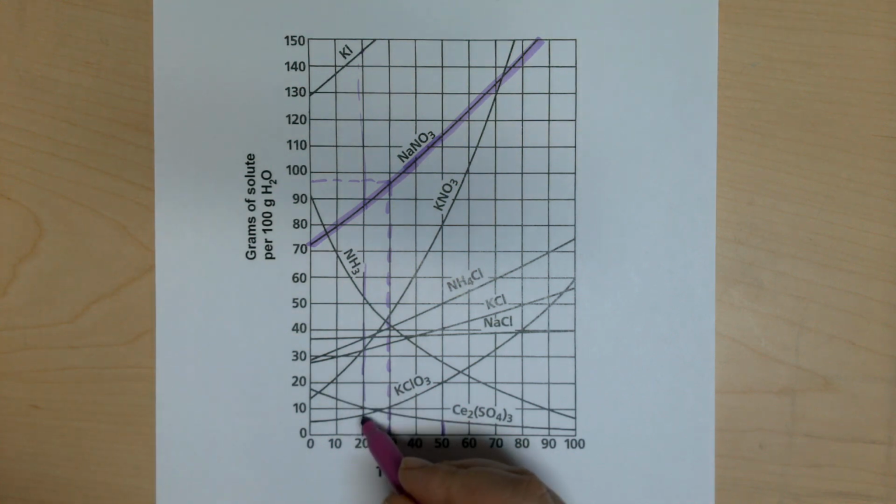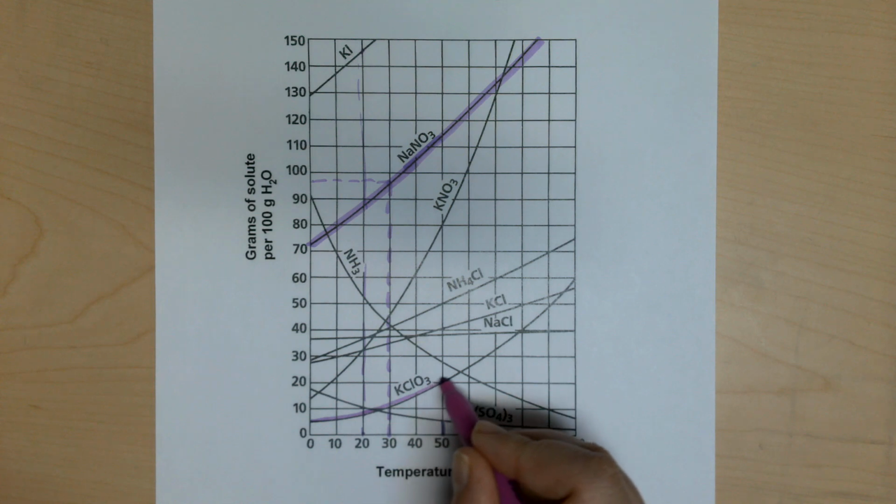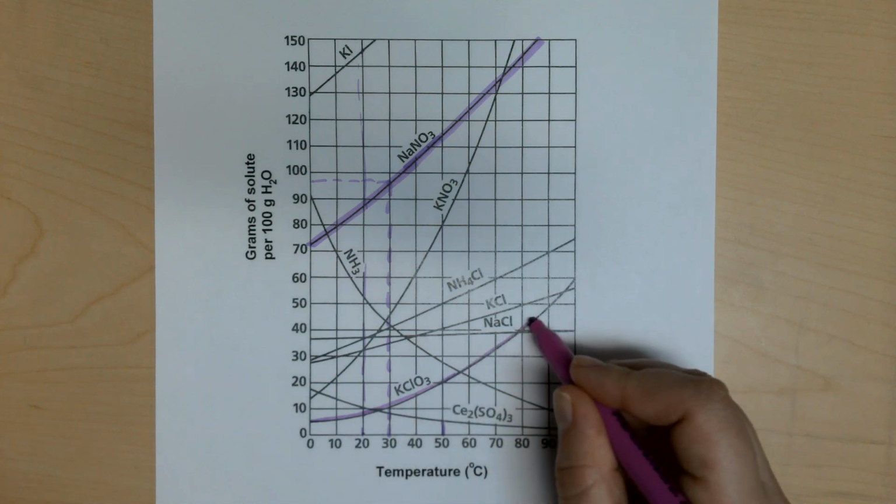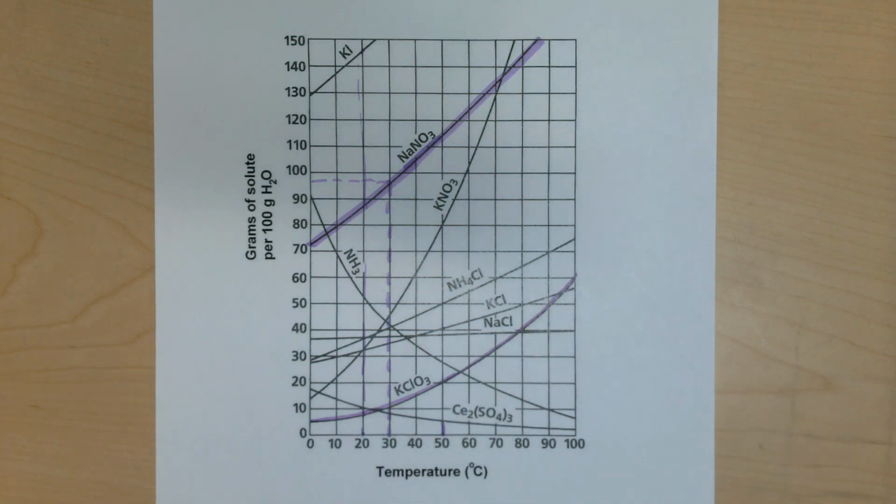The first line we hit is this line. That's potassium chlorate. So at 20 degrees, potassium chlorate is the least soluble. So there's different values here that you would be looking for. But the idea is, for the most part, you're going to start with a temperature on the x-axis, and then you're going to move up to an appropriate value there.